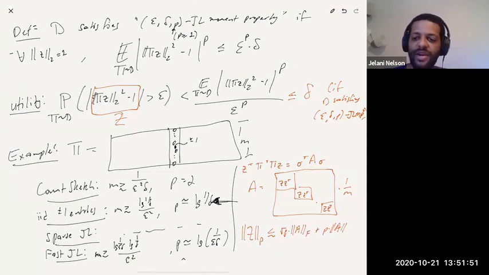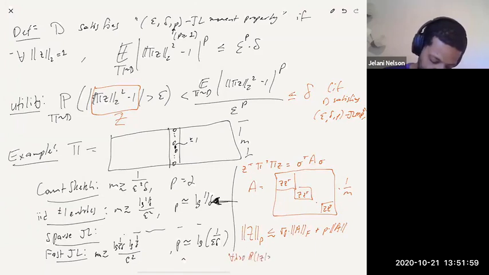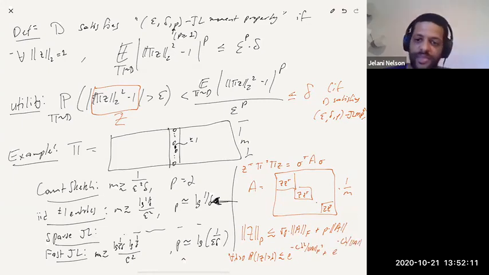The other way we've been talking about Hanson-Wright is, for all lambda greater than 0, the probability that Z is bigger than lambda is at most, up to a constant, e to the minus C lambda squared over Frobenius norm squared plus e to the minus C lambda over operator norm. But these two things are equivalent to each other.